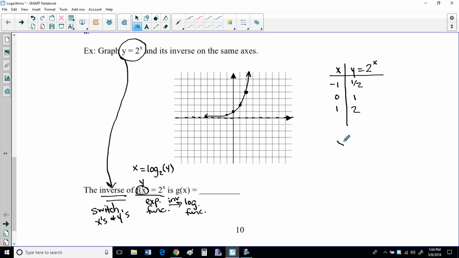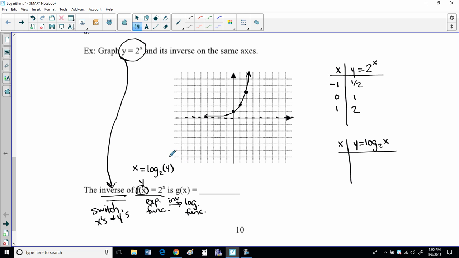So we're going to make a new xy chart, and we're going to think of this as y equals log base 2 of x. Yes, the output becomes the input, and the input becomes the output. That's for our values, but we don't ever call the input y and the output x.